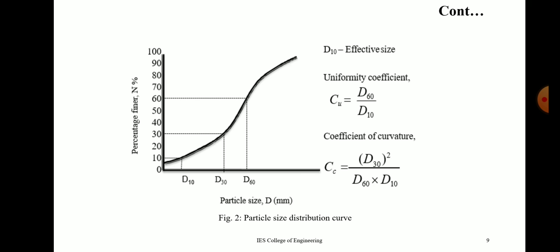From this graph, we can find effective size, uniformity coefficient and coefficient of curvature. And for that, we can find the values of D10, D30 and D60.